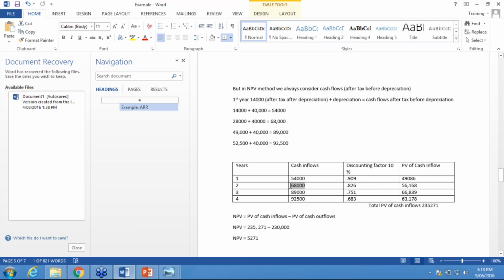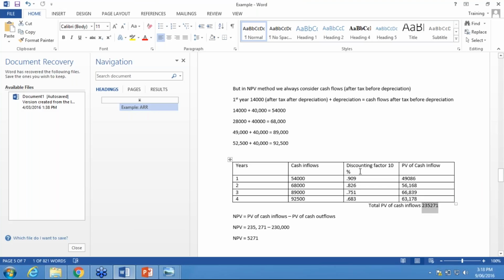The real value of 68,000 after 2 years is 56. So this is how we calculate present value of cash inflows. I have just multiplied these two columns so that I had this figure, that is present value of cash inflows. And I have just added all inflows together, and that's my total present value of cash inflows.